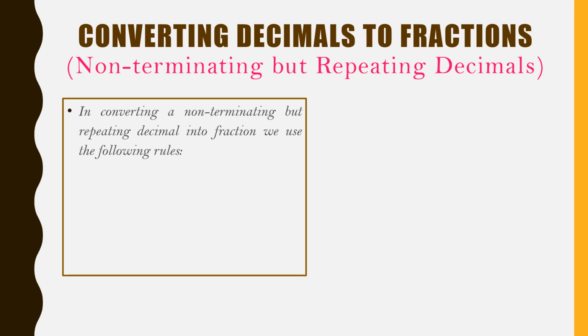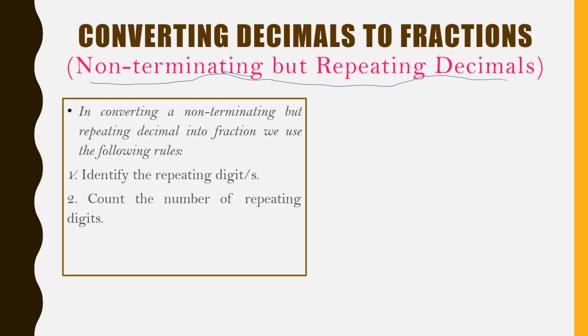Next, how about if we are going to convert decimals to fractions, but we have non-terminating but repeating decimals? Though it is not terminating, it is repeating. So the first step is for us to identify the repeating digits.